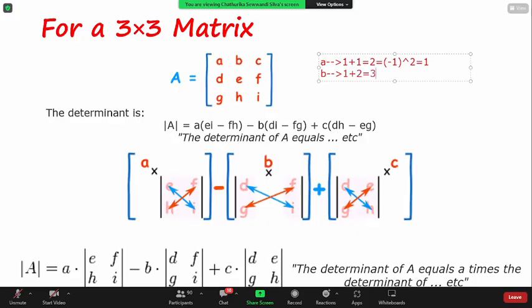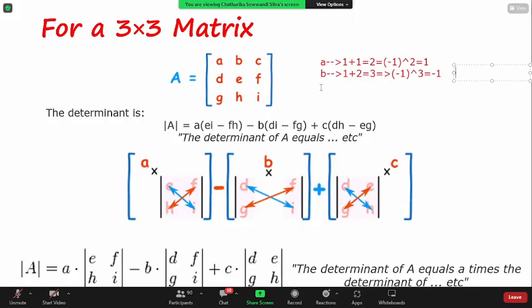Then we get minus 1 to the power 3. What is the answer? Minus 1. So that is why in front of the element B, here it is minus.